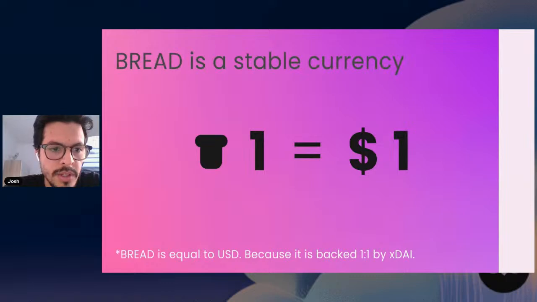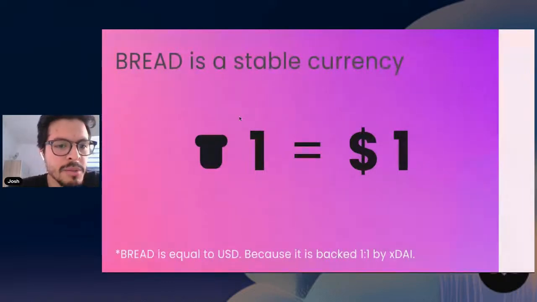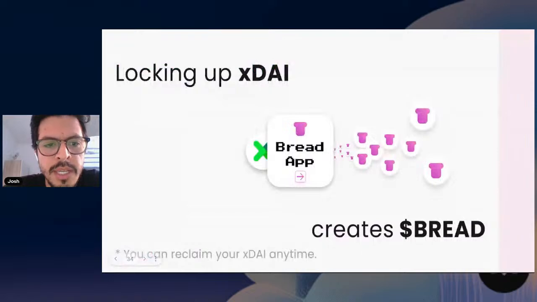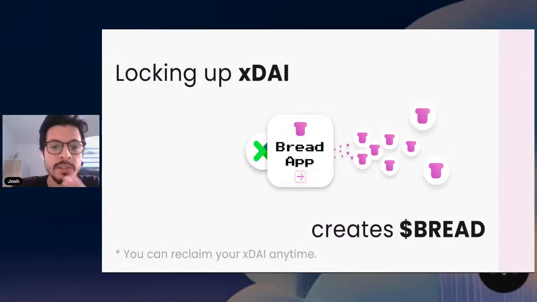If we go to the next slide, these are some images that we're planning to use to make a Twitter thread to help explain this. But essentially, it's quite simple. We are taking XDAI from users, which locks up their XDAI in the application, and then you as a user receive Bread 1 to 1. For each XDAI, you get Bread.